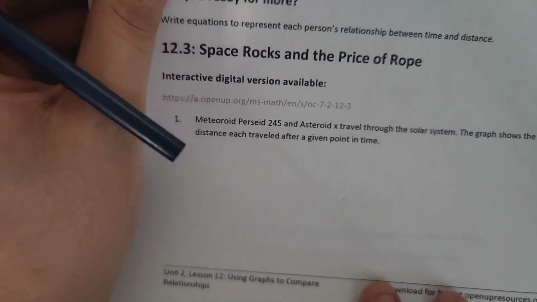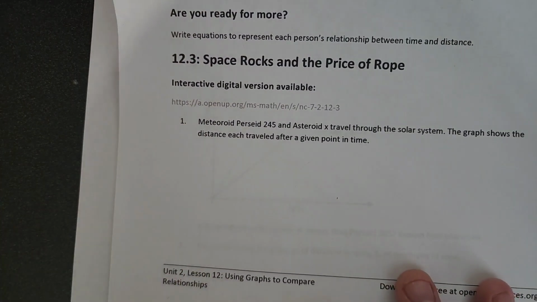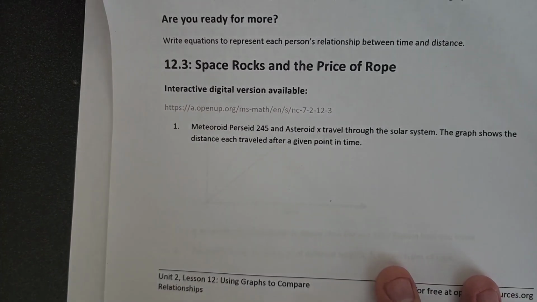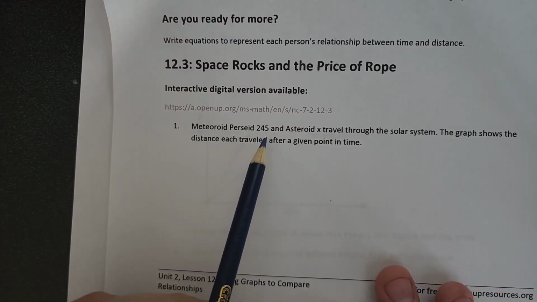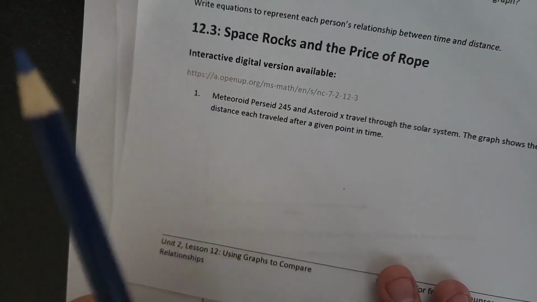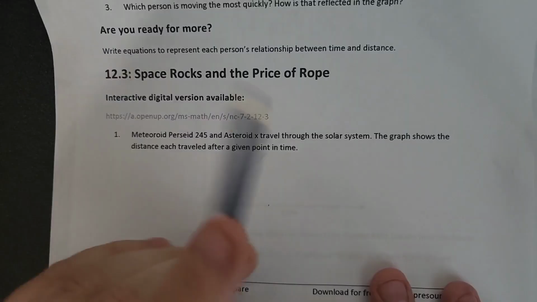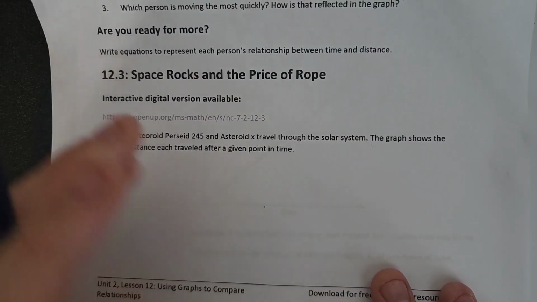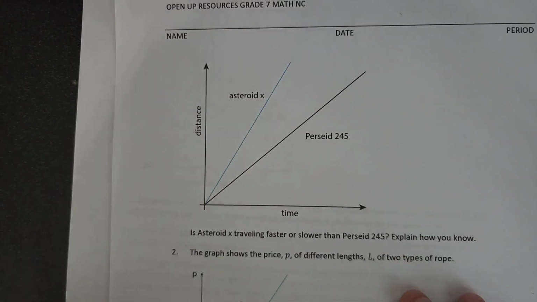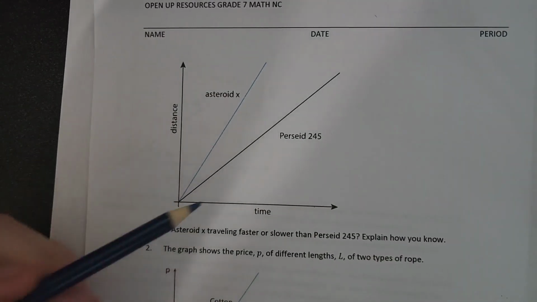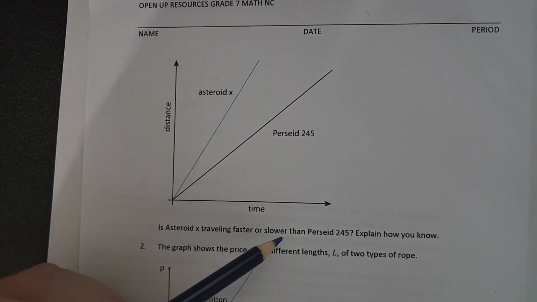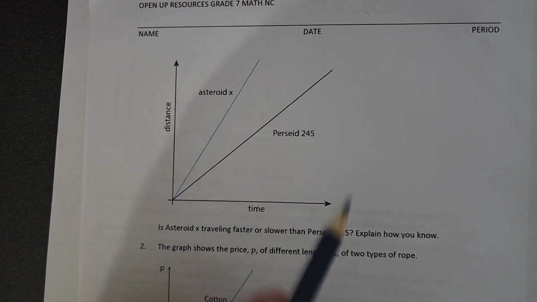So, using that information, let's go to 12.3. The meteoroid Perseid 245 and asteroid X travel through the solar system. The graph shows the distance each traveled after a given point in time. This is the graph. Is asteroid X traveling faster or slower than Perseid 245?